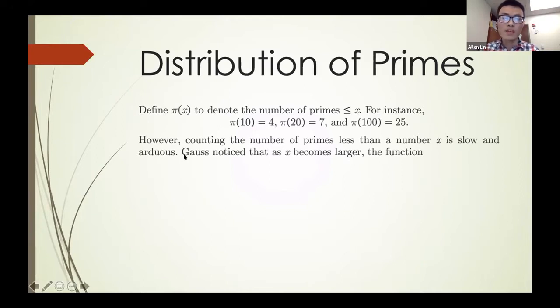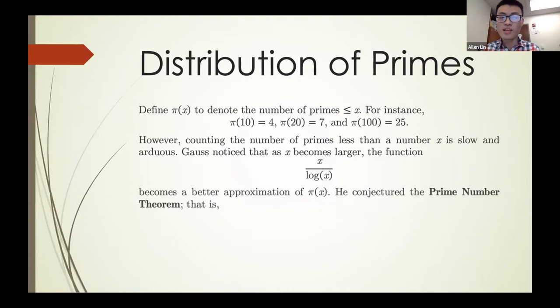However, in the 1790s, the mathematician Carl Friedrich Gauss noted that as x becomes larger, the function x over log of x becomes a better approximation of pi of x. This is known as the prime number theorem. In other words, as x gets bigger, pi of x and this function become, in a sense, equivalent.